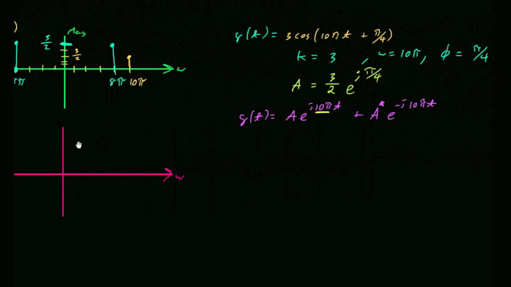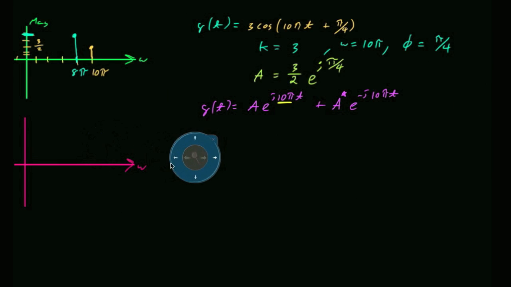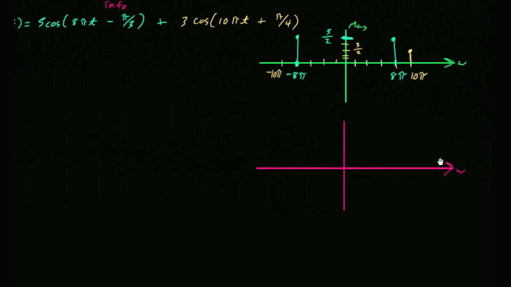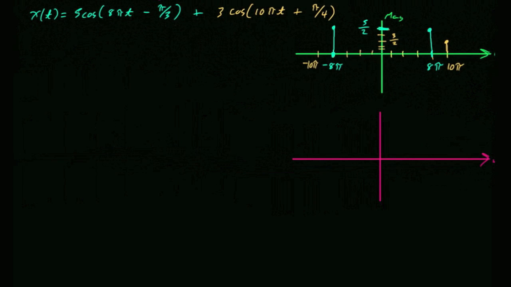I'm not going to try to make this to scale. So here's 10 pi. How much 10 pi do I have? From a phase perspective, we said pi over 4. So let's see. Is pi over 4 more or less than pi over 3? A little less. All right. Pi over 4.